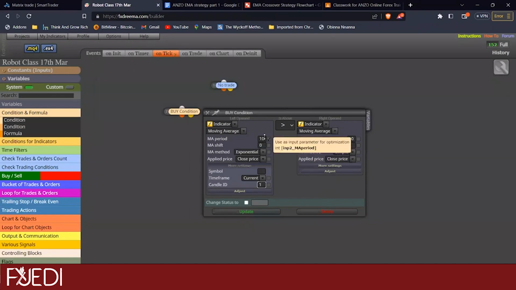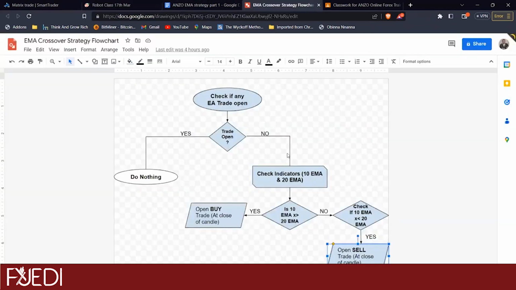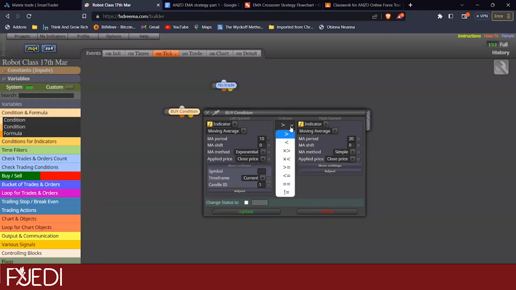So we're looking at the 10-period exponential moving average, considering candle ID 1. Has it crossed over? Remember, back to our blueprint, if the 10 EMA crosses above the 20, there's a function here where we compare. Basically we are comparing the left-hand side to the right-hand side.